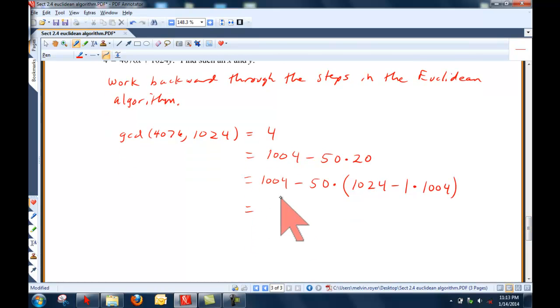Now if we look at what we have, there's 1004 here, and then there's 1004 buried inside this factor as well. So this was a substitution stage. Let's take a simplification stage and group the 1004s together. I have 1 times 1004, and now here's a minus 50 times a minus 1 times 1004. So altogether that makes positive 51 times 1004, and then minus 50 times 1024.